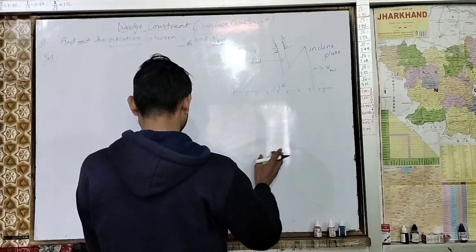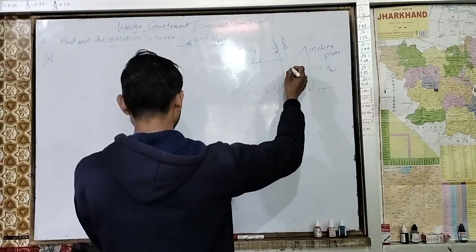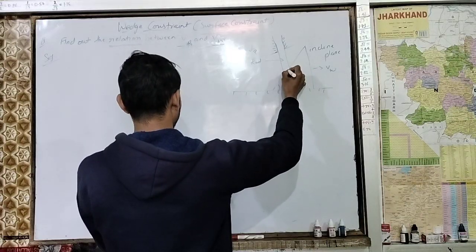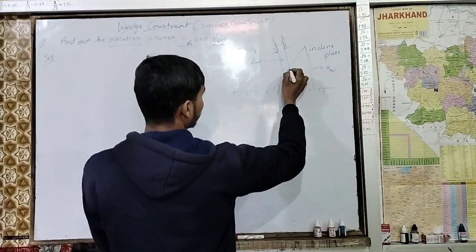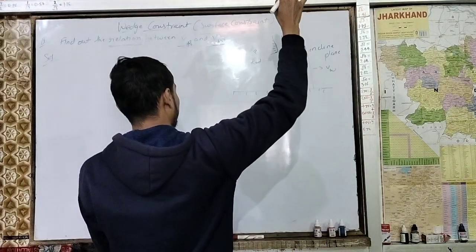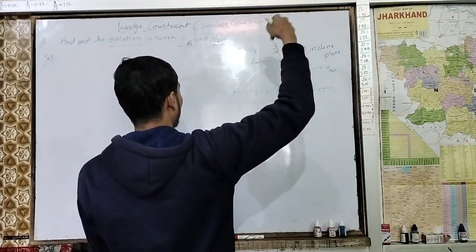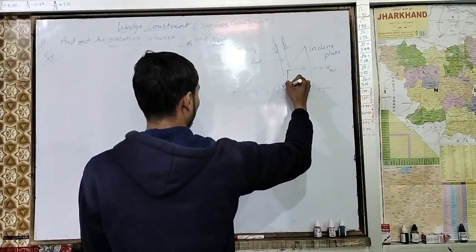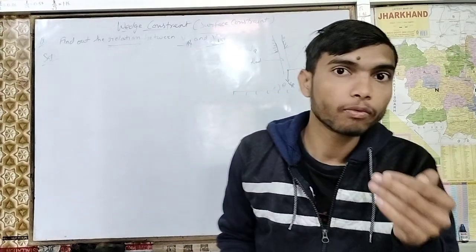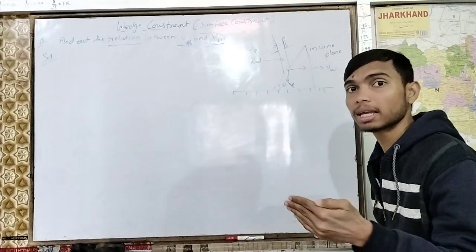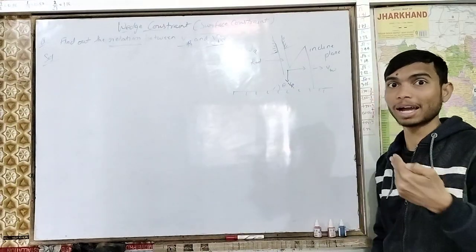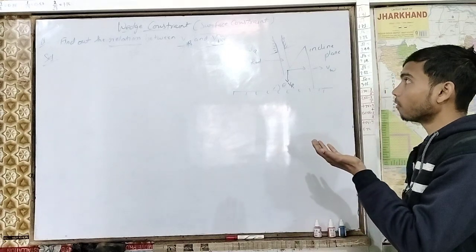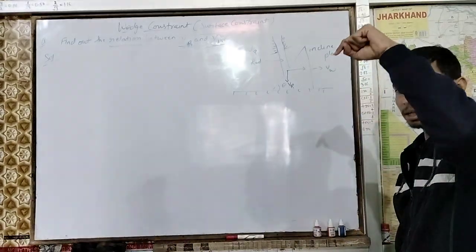Now over here you can see, VW is in this direction, and one component of VR will be downward. Try to understand: only one component, which is VW, is bringing it backward, and one component of VR is bringing it downward.